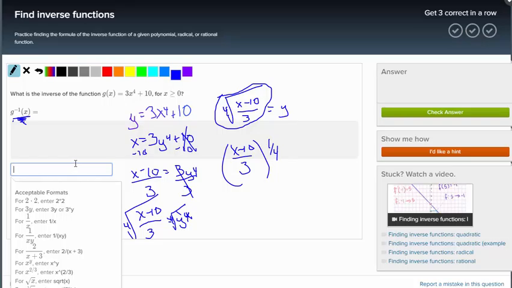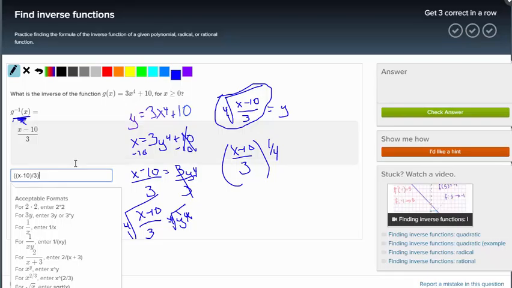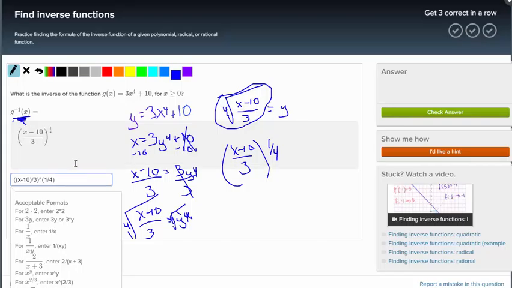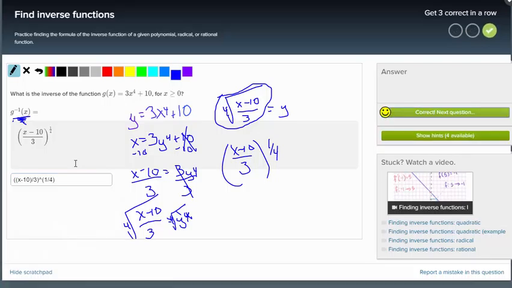So parentheses for the root, parentheses for the top, x minus 10 over 3, and parentheses for the power because I have two factors in there, 1/4 power. That should be it. All right, cool. Next.